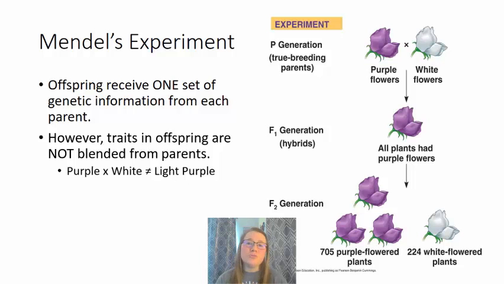Now, in the F2 generation, he found that 3/4 of the offspring were all purple and 1/4 of the offspring were all white. As we go through this unit, you will figure out how we are able to predict the possible offspring of a genetic cross using this same method and these same calculations that Mendel came up with.